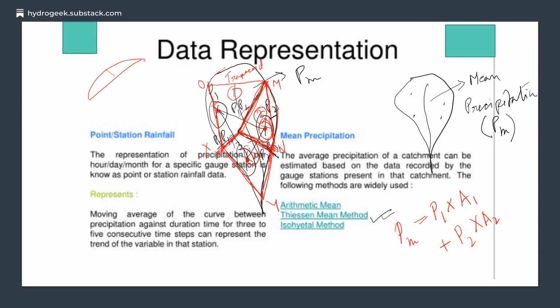A2 is the area of the polygon which surrounds the rain gauge station 2, that means P2, and P3 multiplied by A3, that means P3 is the rain gauge station 3, and this is its polygon.